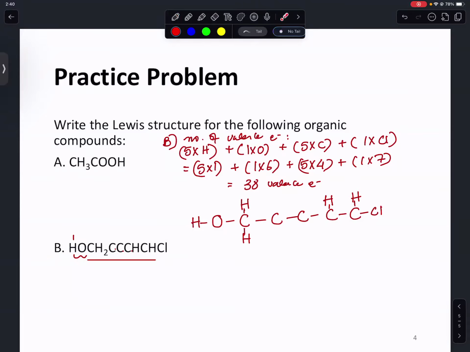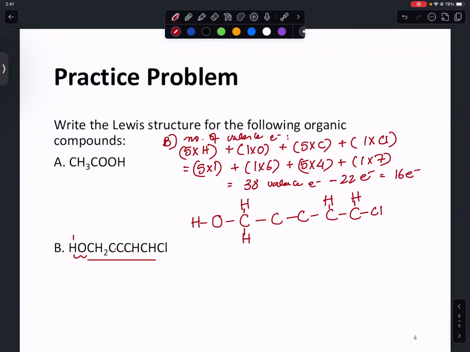So let's count how many electrons we used up. 2, 4, 6, 8, 10, 12, 14, 16, 18, 20, 22. So 38 minus 22 electrons is going to give me 16 electrons.